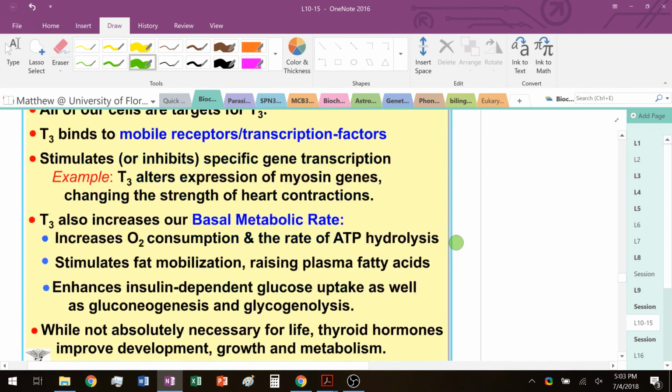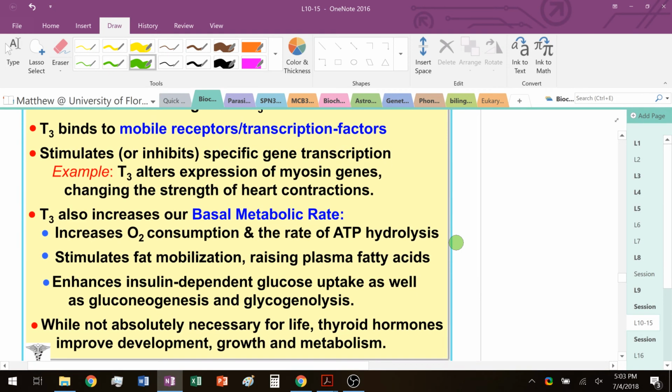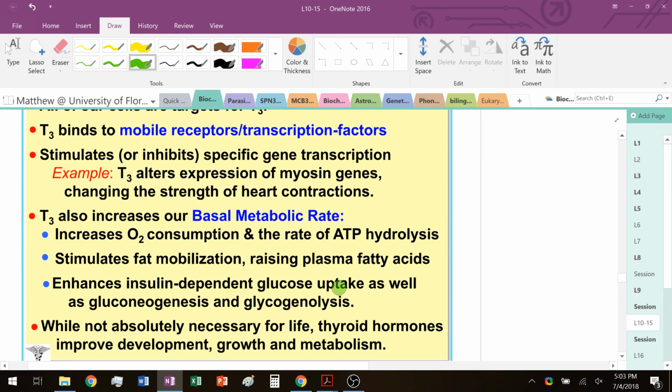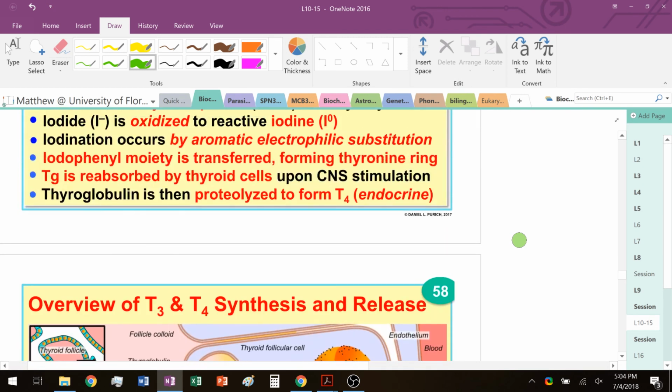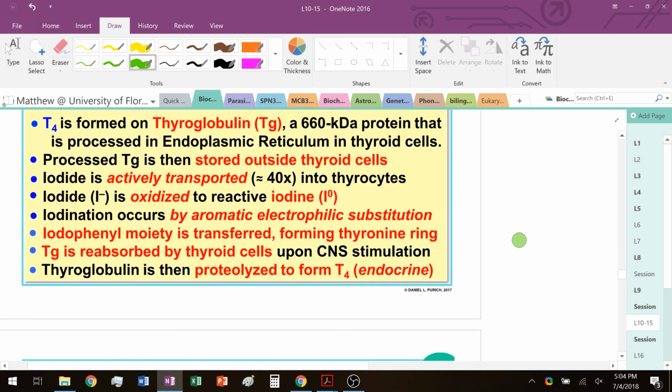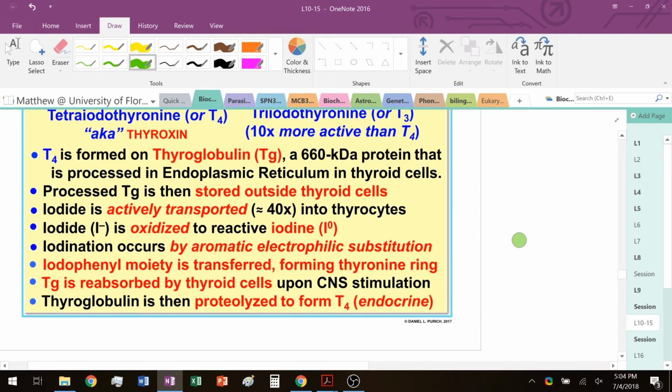However, T4 and T3 have slightly different functions in the body, and these little bullet points down here tell you what T3 is useful for. I know up in here it says that T4 is actively transported.